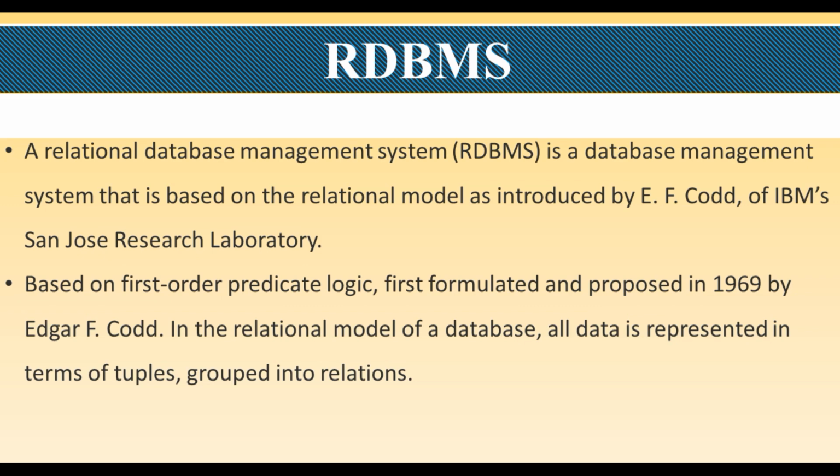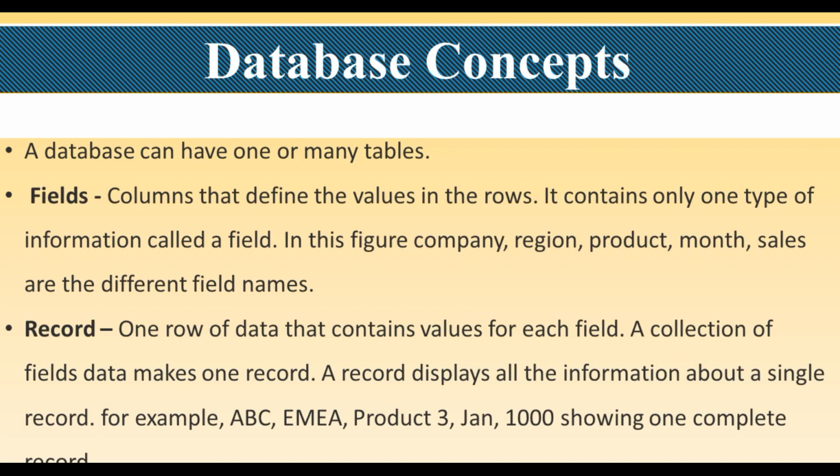We can say that in the relational model of a database, all data is represented in terms of tuples grouped into relations. Student, we are talking about what a tuple is. A tuple is actually a particular row of information of a table, and a relation means a table.